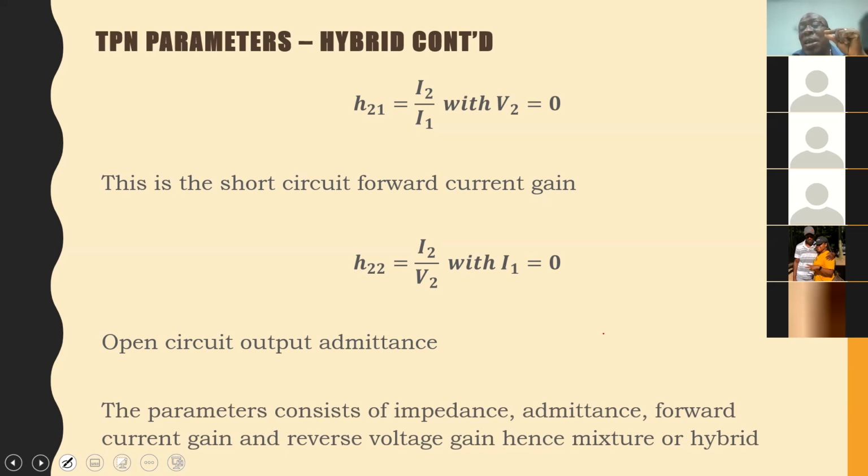I mention this because Z11, we found, was with the output port being open circuited. You with me? And of course we're dealing with an impedance. So Z11 would be the open circuit impedance, but H11 is the short circuit input impedance. You understand?